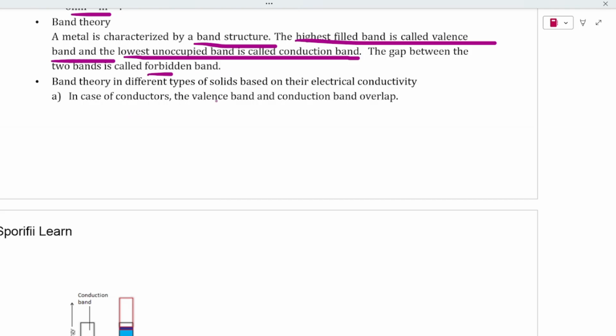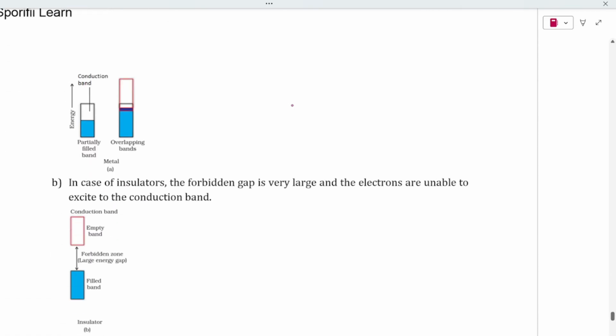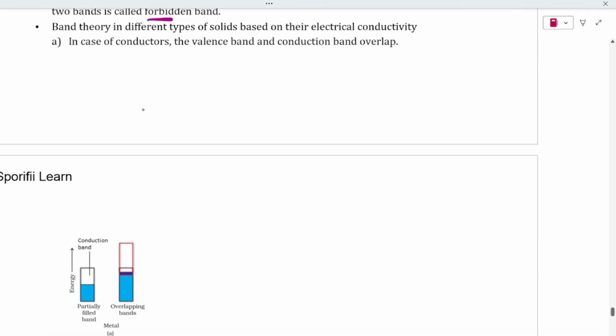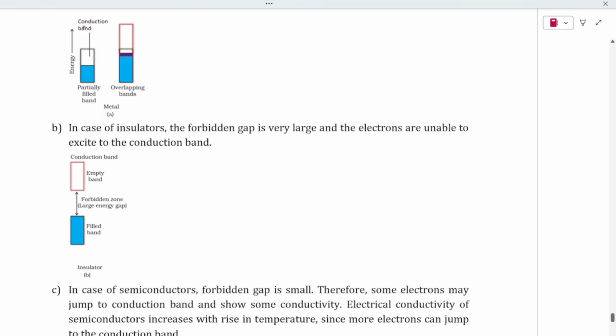In case of conductors, the valence band and conduction band overlap. See, this is one example for conductors. See the partially filled energy band, that is the conduction band, and here also it is the valence band. So they both are overlapping bands.